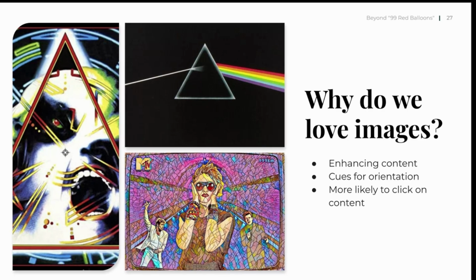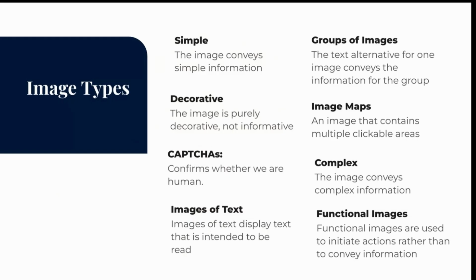Posts with images on social media or LinkedIn have a higher click-through rate than when you post an article without an image. People are more likely to follow that link if there's an image attached. So it's not just about adding alt text, it's about adding alt text that's thoughtful and pragmatic to the reason.